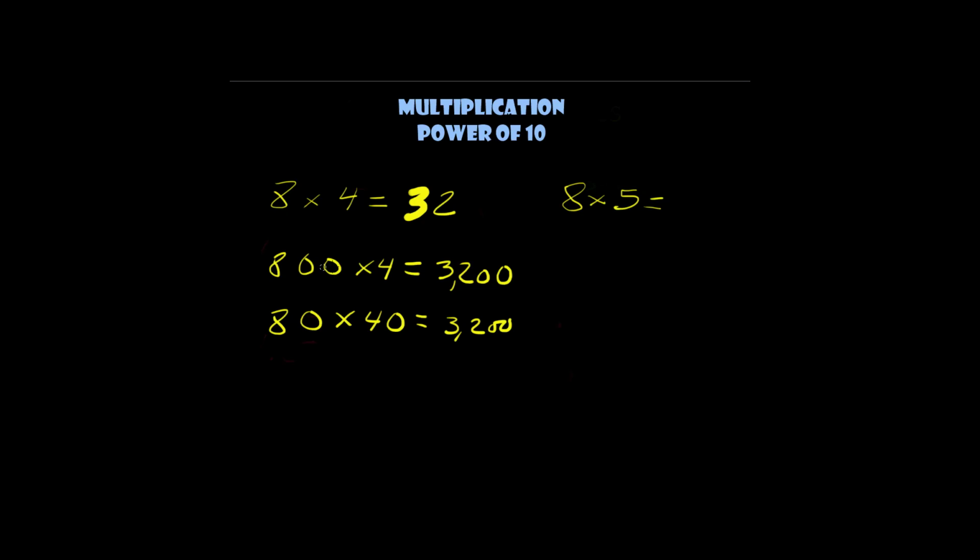So look at this, 2 zeros, 2 zeros. So if you look, 800 times 4 is the exact same thing as 80 times 40. So if you had 4 piles of 800 or 40 piles of 80, you'd have the exact same amount of whatever you were counting. So just kind of notice how that pattern works.